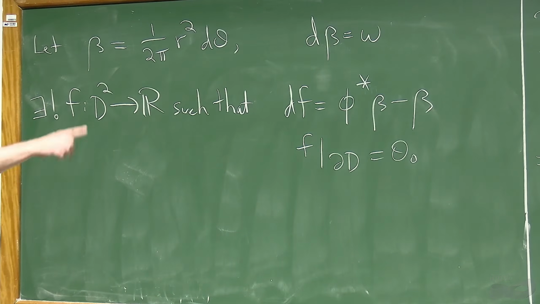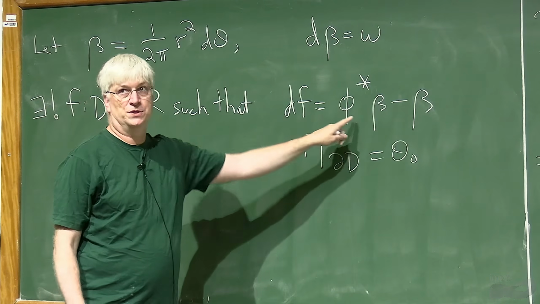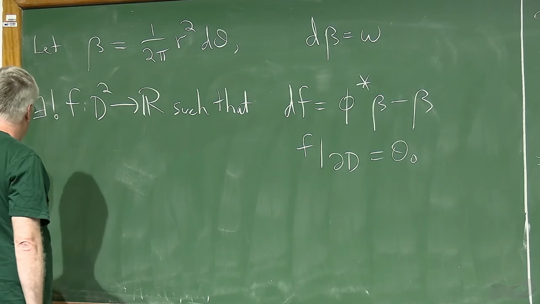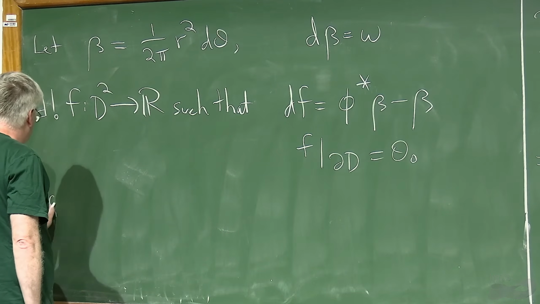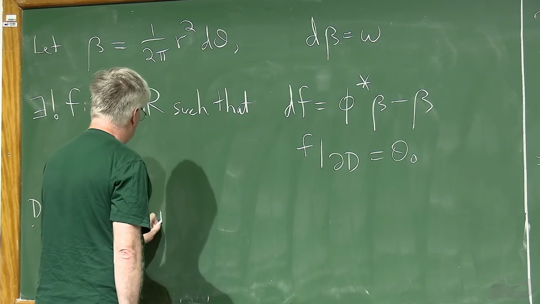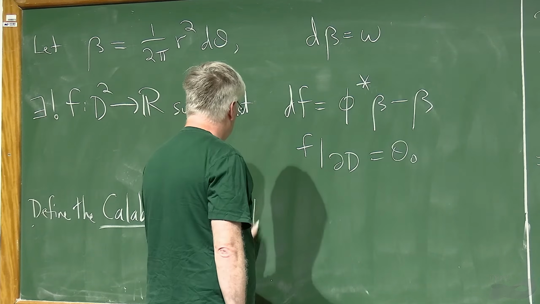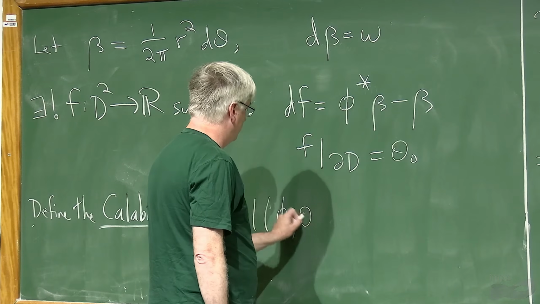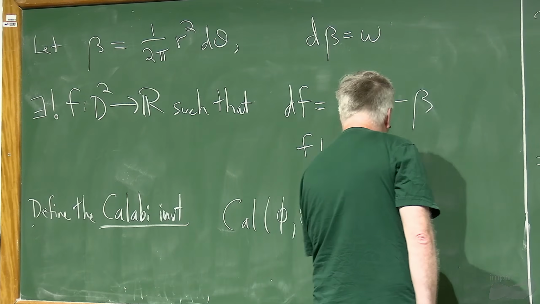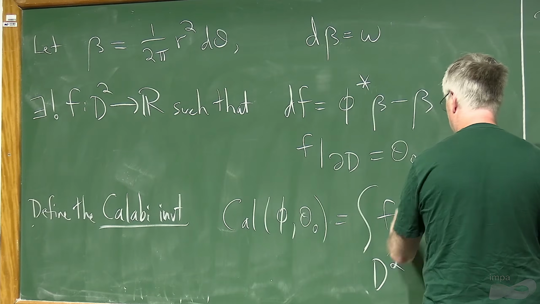For more general surfaces, I need to make some flux hypothesis so that I can solve this equation. Now we define the Calabi invariant, which depends on phi and my choice of theta 0, to be the integral over the disk of f with respect to the measure given by omega.